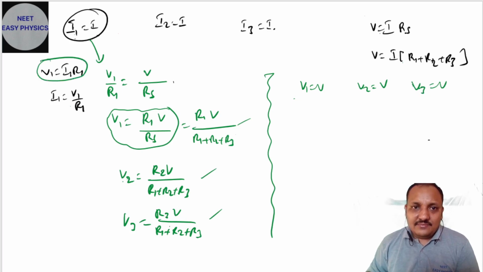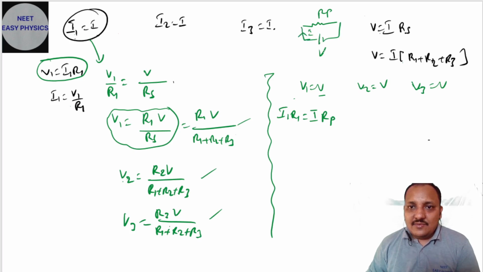It is I1 R1. So I1 R1 equal to V, which is I Rp. Correct? Now you got I1. I1 is equal to Rp by R1 into I.